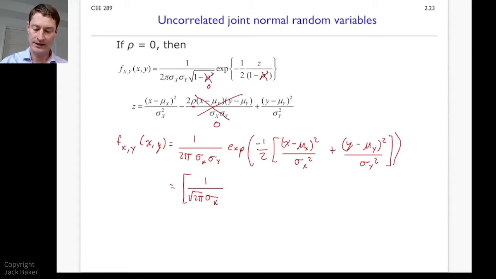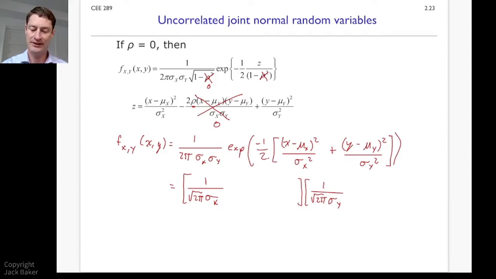And then, let's see, give myself enough room. The other stuff from the front, let's put it in back here. So I've got another 1 over square root of 2 pi sigma y. And then I've got the exponential term here. So if I've got e to the a plus b, I can take that as e to the a multiplied by e to the b.